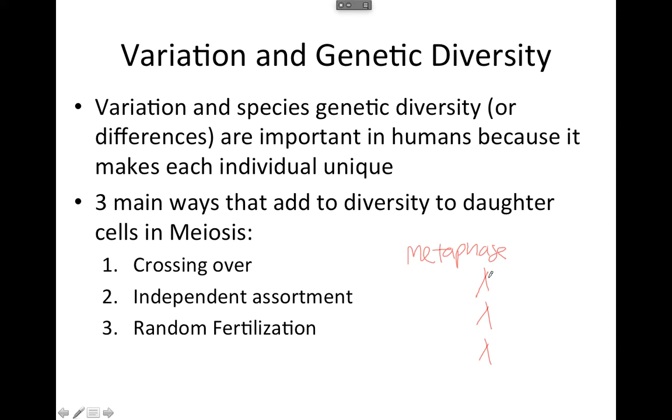They randomly assort, top, middle, and bottom. Lastly is random fertilization, and that just means it is a random choice which sperm cell fertilizes an egg.